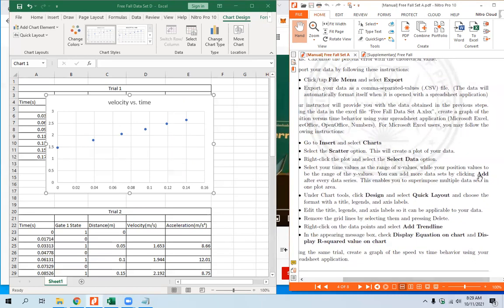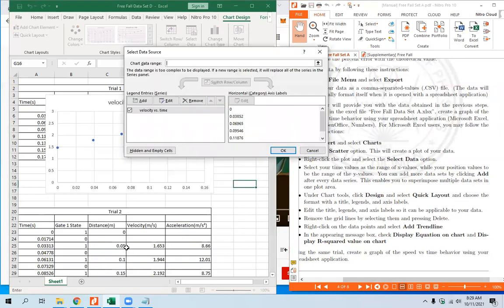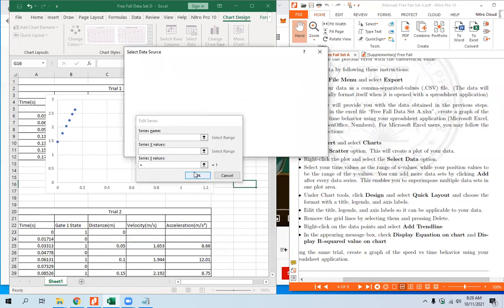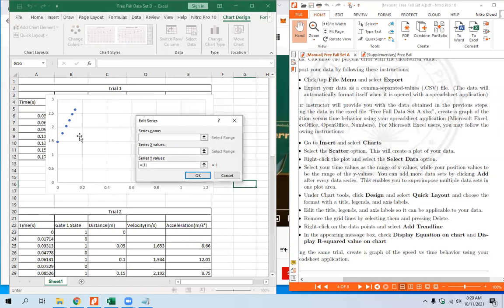So, I can add more data sets by using add after data series. O, select data ulit. Halimbawa, gusto ko mag-add ng isa pa. Tanggalin ko ulit to. Mag-add lang ako tapos I'm gonna do the same process.